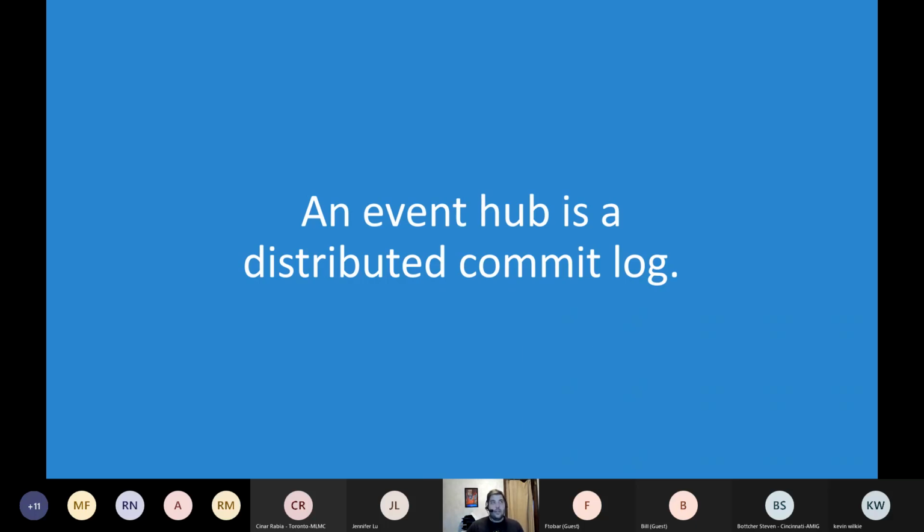Another way is to think of it like GitHub or Git, where that is distributed amongst many computers and it's a commit log. You make some changes, you type git commit -m because you should be leaving commit messages for everything, and then commit, right? Similar ideas that it's this chain of commits, only in terms of Azure Event Hubs, each commit is a single event.